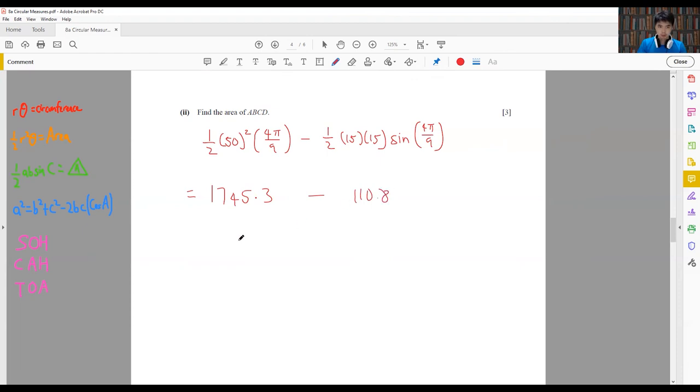So 1745.3 minus 110.8, you're supposed to get 1634.5 square centimeters. And yep, that will be it for this part here.